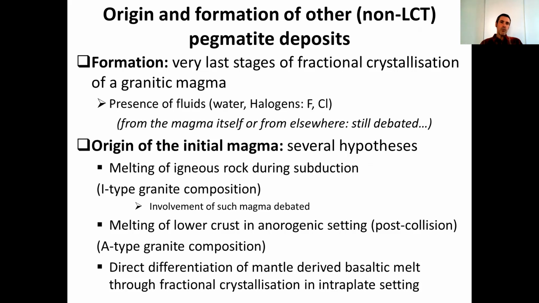This is what we call the A-type granite composition. And non-LCT pegmatites could also be formed by direct differentiation of a mantle-derived basaltic melt through fractional crystallization, and that would happen in an intraplate geodynamic setting.